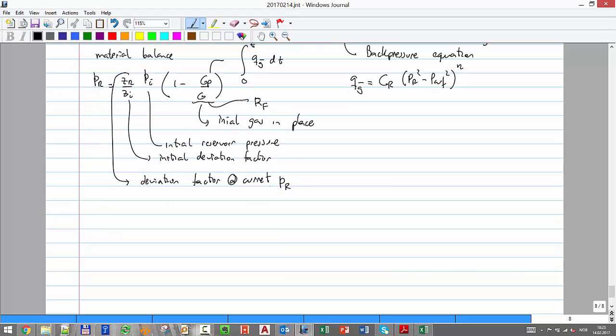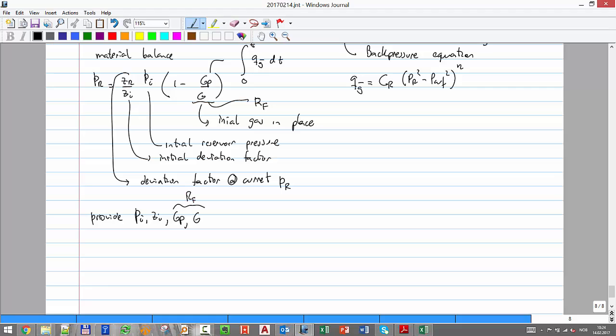So how do we use that equation? I provide as input PI, ZI, and also GP, the cumulative production, and G, or these two I can represent by the recovery factor.